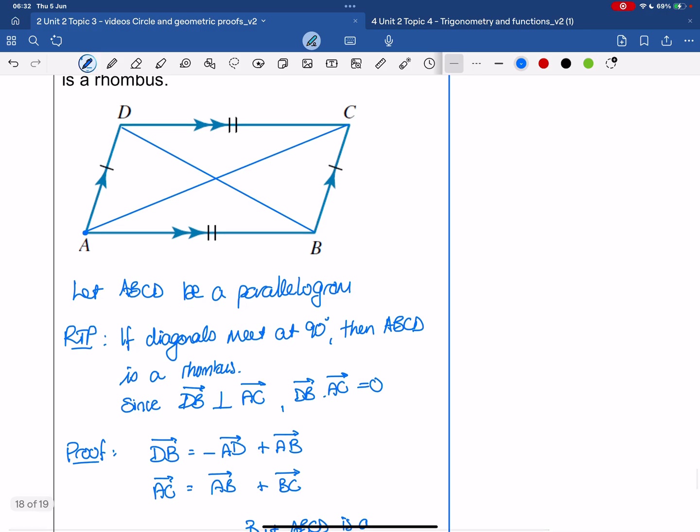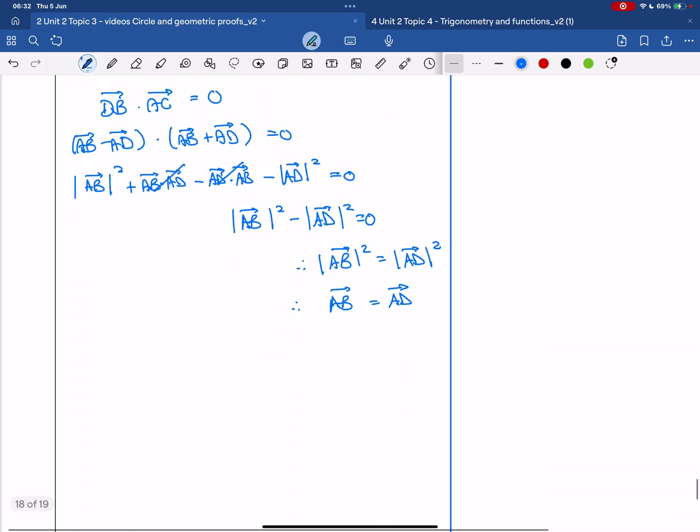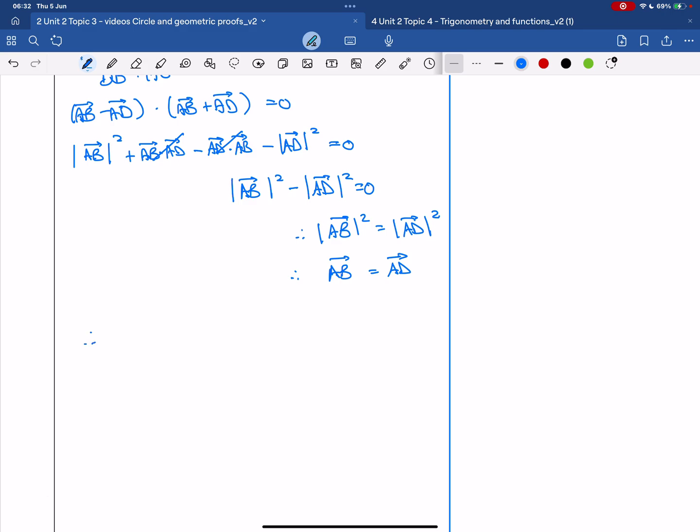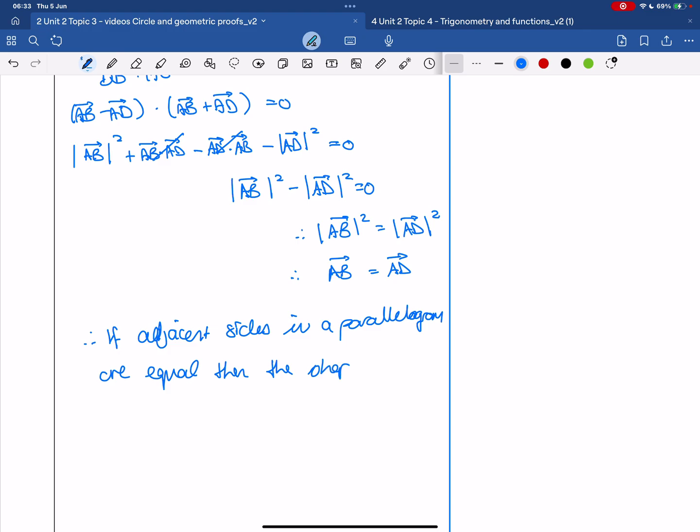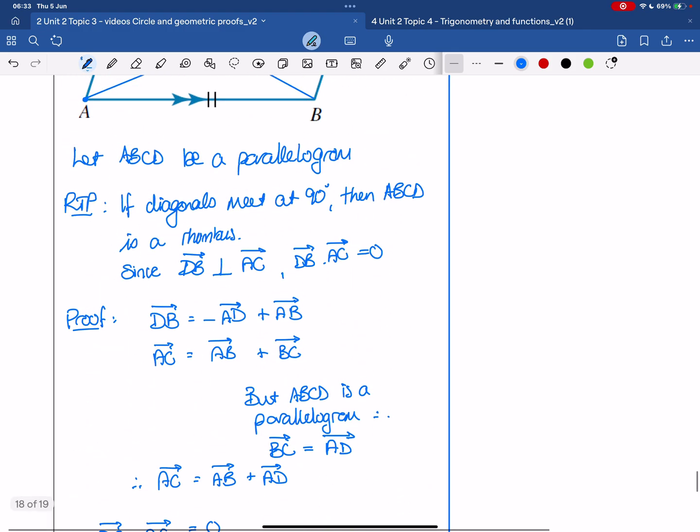There's AB, there's AD. So if those are the same length, this is a rhombus. So therefore, if adjacent sides in a parallelogram are equal, then the shape is a rhombus. All right, so we've proven case 1.